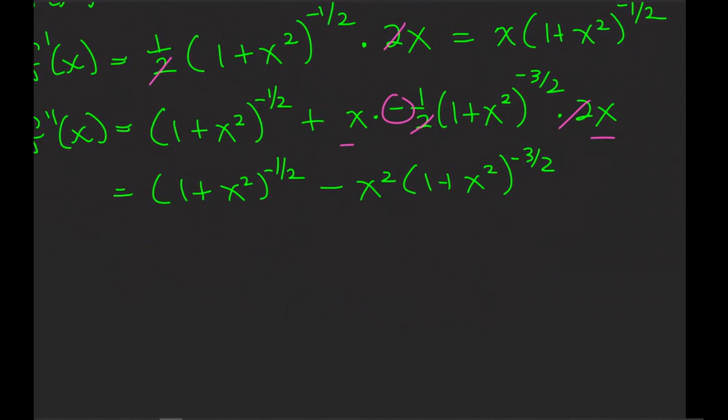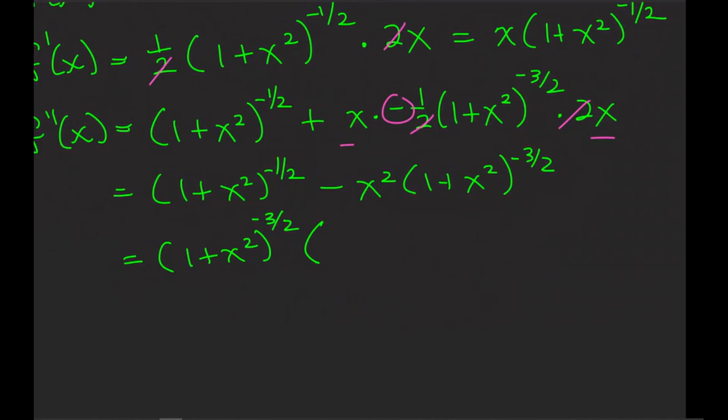So do you notice you have kind of a common factor here, this 1 plus x squared to some power? When you have all these fractional exponents like this, a trick is to factor out the smallest exponent. So I'm going to factor out that factor 1 plus x squared to the negative 3/2. If I have to choose between these two, I'm going to do it to the negative 3/2.